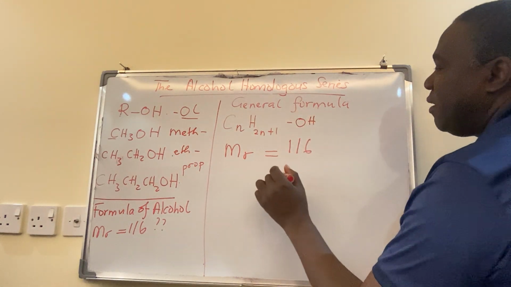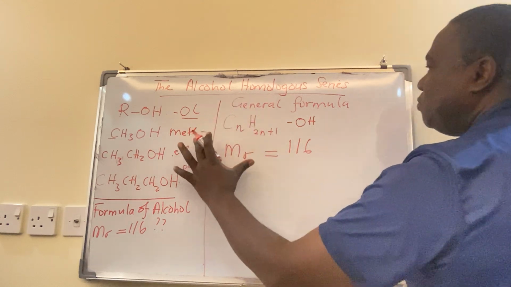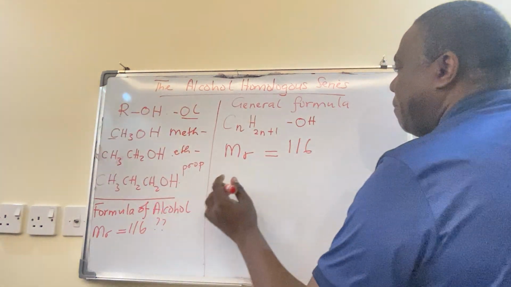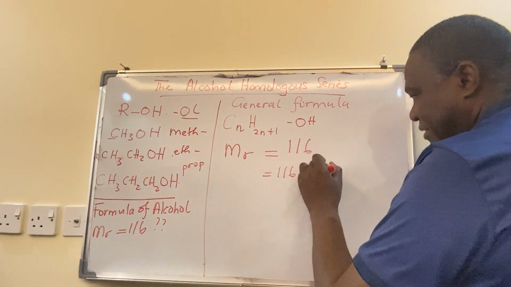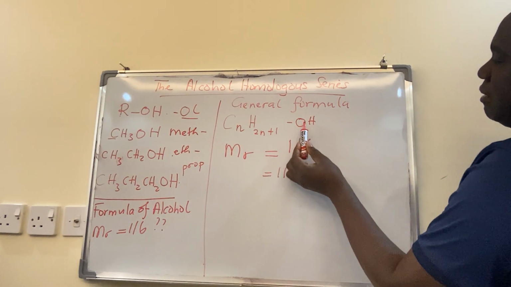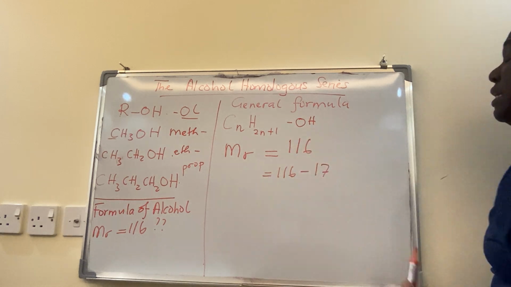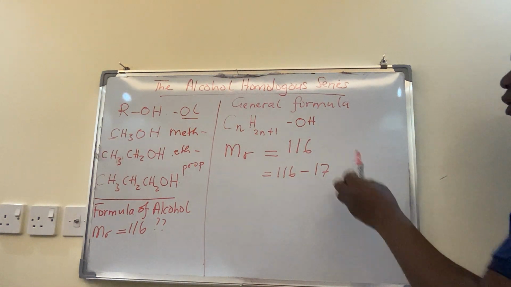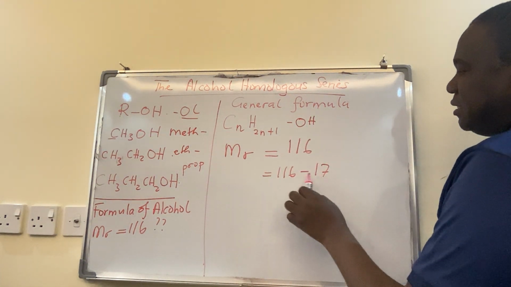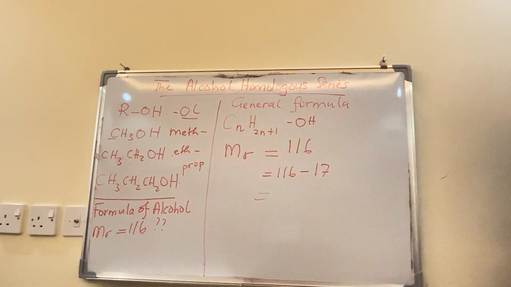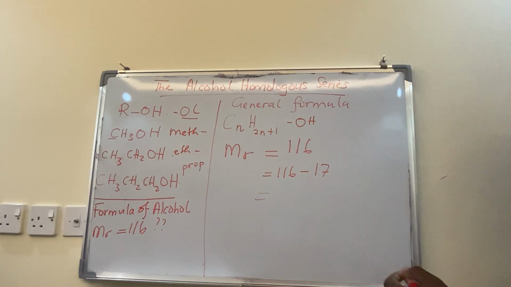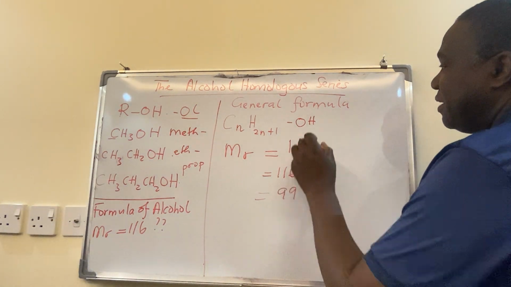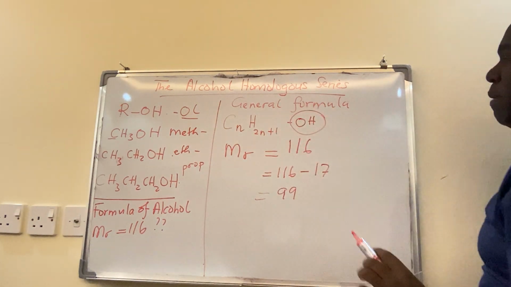So first, to determine the hydrocarbon part, I must subtract 17. Why? Oxygen's mass is 16 and hydrogen's mass is 1, so 16 plus 1 is 17. If you say 116 minus 17, you're going to get 99, after you have isolated the OH part.